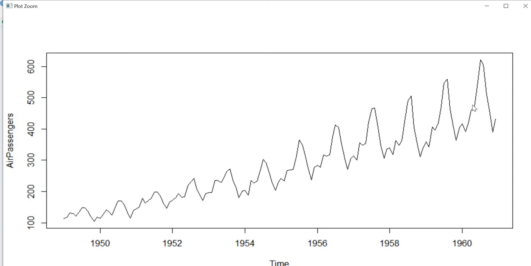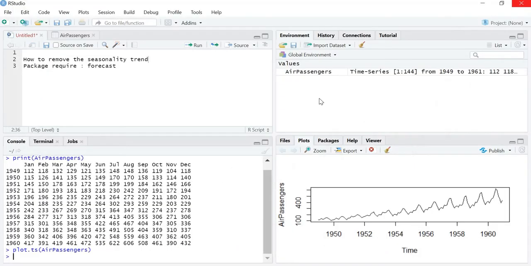So seasonality trend is there. Now we have to remove the seasonal effect and also the trend from this data so that we can work upon it. So first of all, see what is your seasonal effect and what is your trend effect.